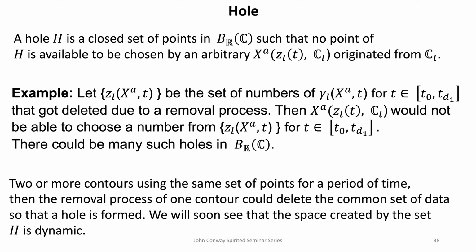If two or more contours use the same set of points within the same period, then the removal process of one contour would delete the common set of space of another contour. That means there is a possibility of creation of a hole by the removal process of the same contour or maybe another contour, so the space created becomes dynamic, so that this H becomes dynamic.